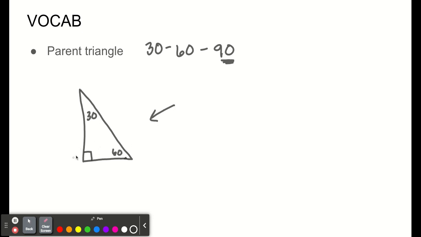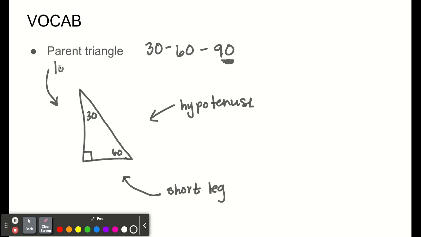We know that the side opposite the right angle is the hypotenuse. The side opposite the 30 is the smallest side, which of a 30, 60, 90 triangle, we're going to refer to as the short leg. And the side opposite the 60 is the medium side, which we're going to refer to as the long leg.